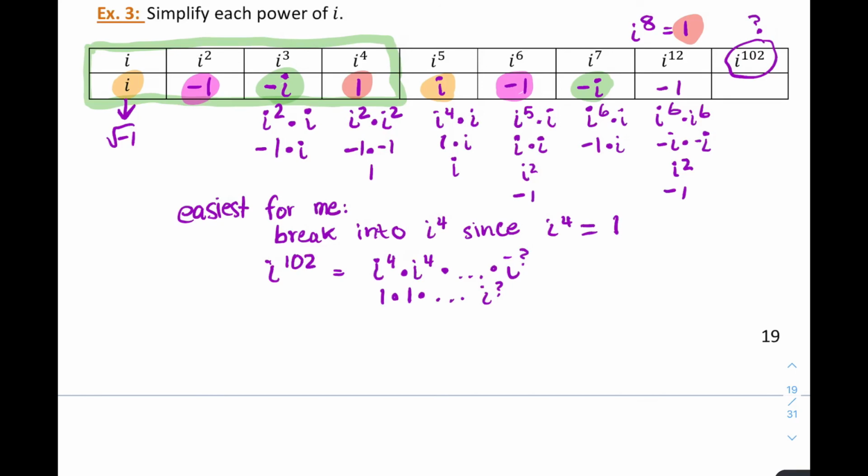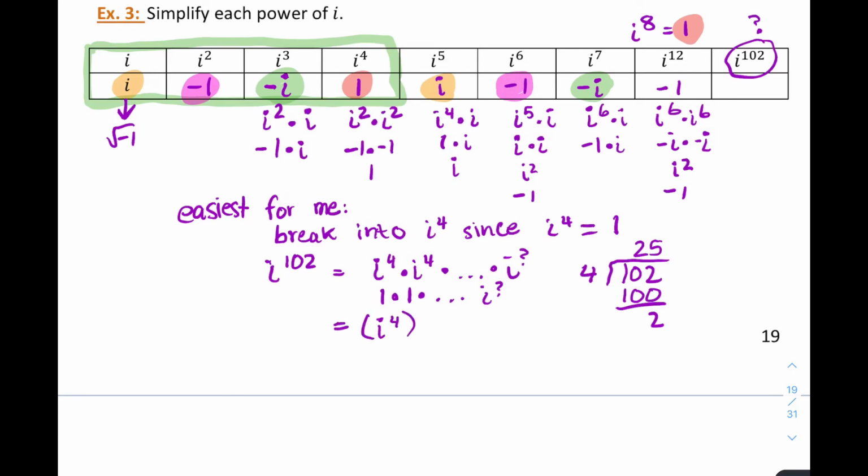So let's think about how many groups of 4 factors we can make out of 102 factors of i. If I divide by 4, I can make 25 groups of 4 factors of i, and then there are 2 factors of i remaining left over.